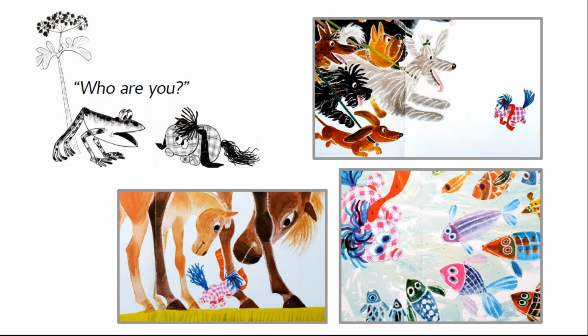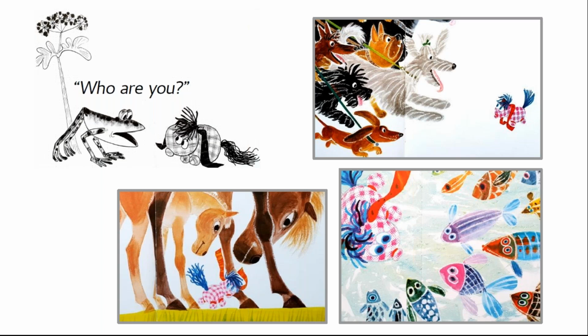It walks around and is generally happy with its life. But one day it meets the frog, who lives in the same garden. And the frog asks the little animal, "Who are you?" And at that moment, the little creature realizes that it doesn't know the answer to that question. It doesn't know who it is. It doesn't know its name, and it doesn't know what kind of animal it is.